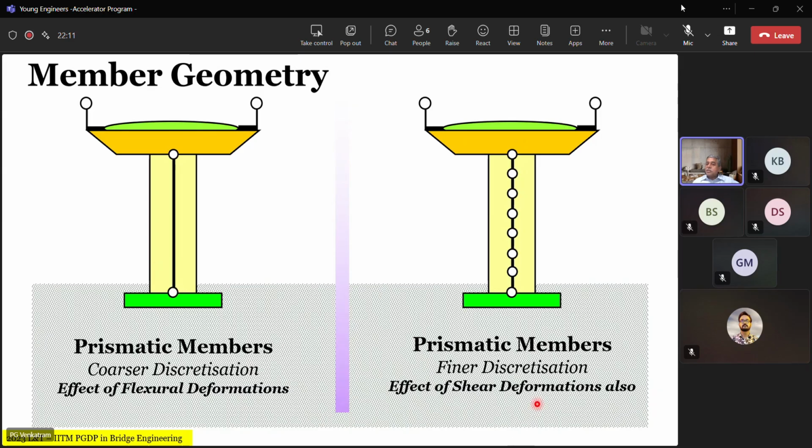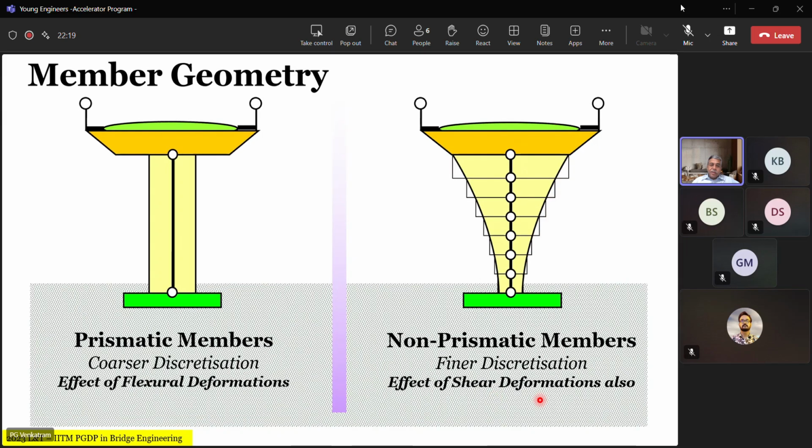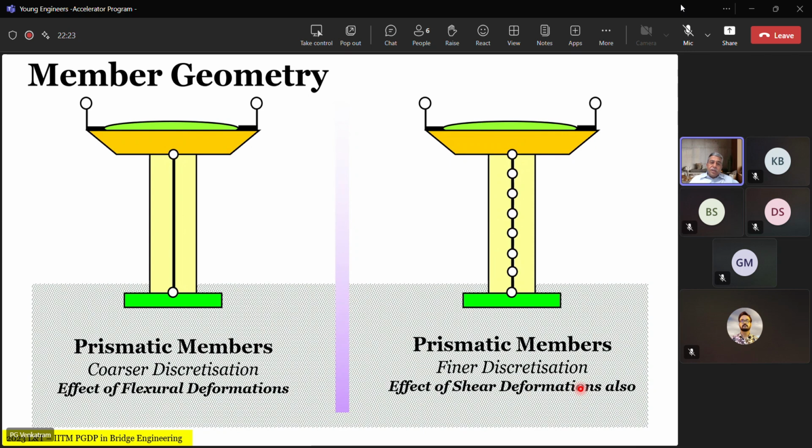I'm not interested in shear deformations. Now, we'll understand what are flexural deformations and what are shear deformations. Before we do that, in the case of a prismatic member, this is a choice whether I do coarse discretization or fine discretization.